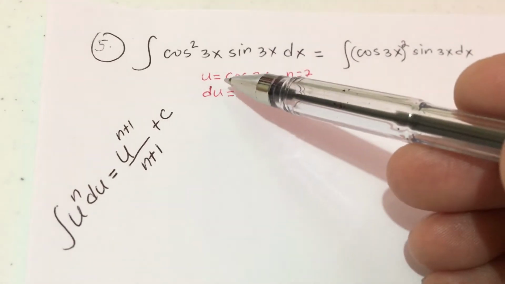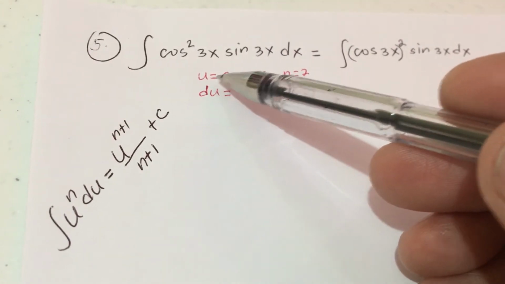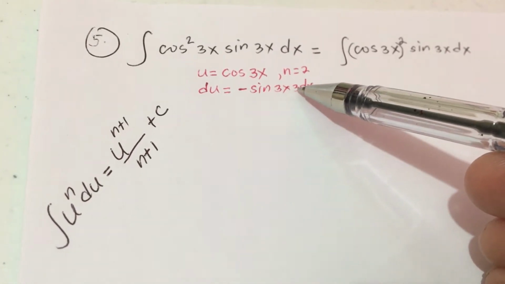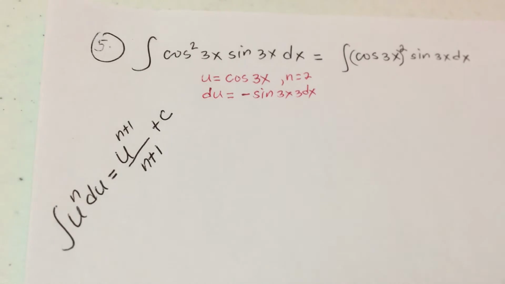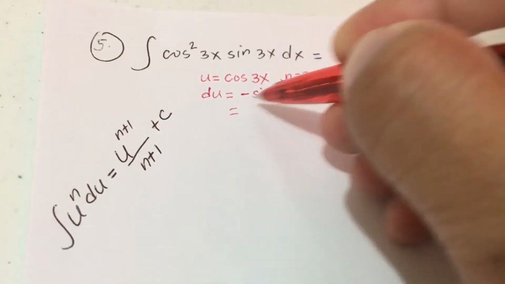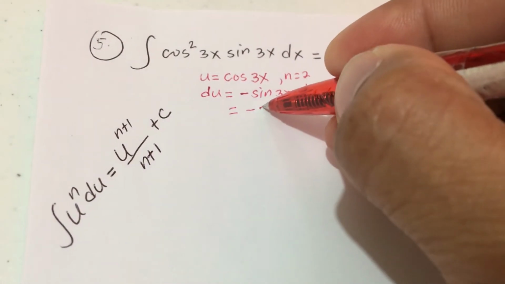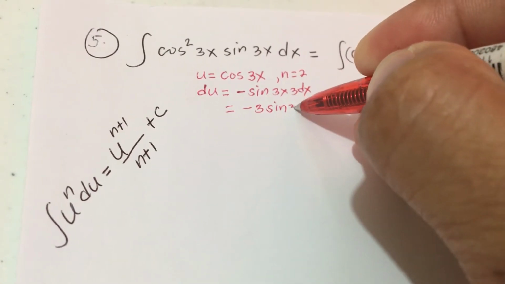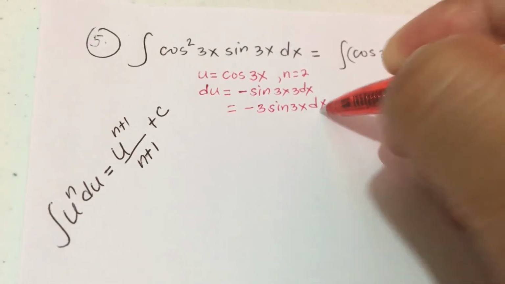But when you do this substitution, u equal to cosine 3x, our du is minus 3 sine 3x dx.